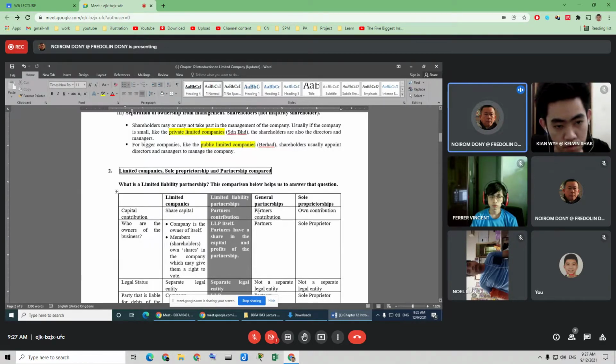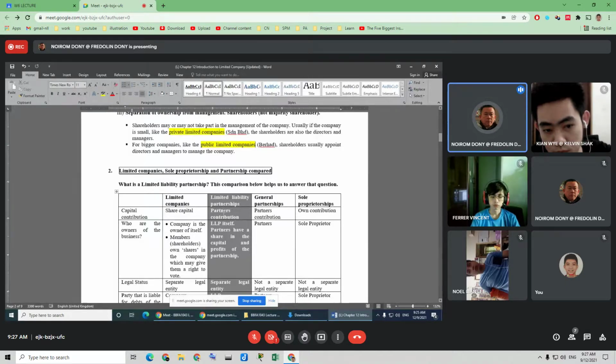But for partnership, we call it partnership capital contribution. And in partnership we have general partnership and limited liability partnership. General partnership means the liability of the partners is unlimited, but in limited liability partnership, the liability of the partners is limited to their share.